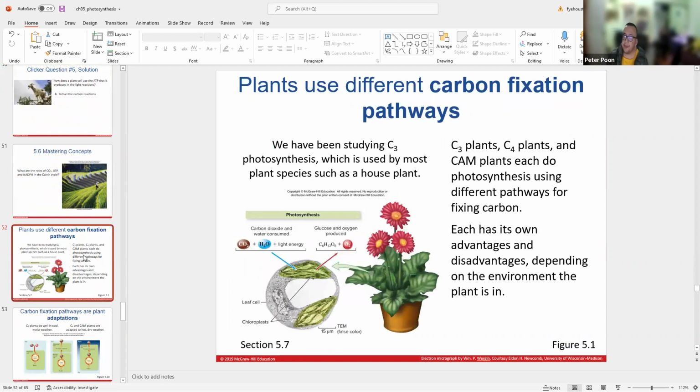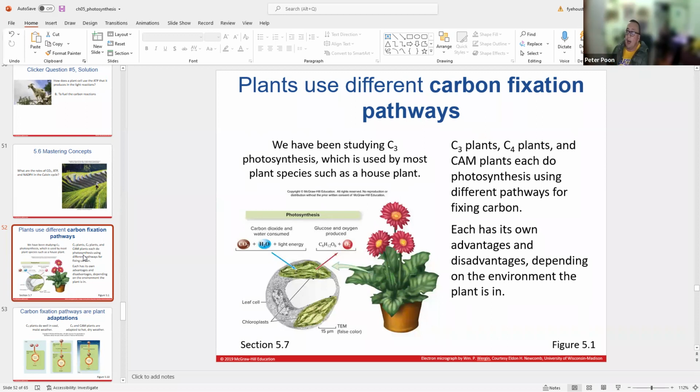Plants use carbon fixation pathways. What we've been studying is something called C3 photosynthesis, which is most often used by most plant species.